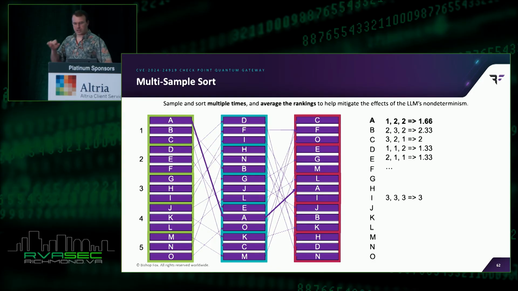Then you can average the scores across all the runs to get a sense of which are the items that tend to be at the top most of the time. For us, that's which of the changed functions most of the time ends up seeming like the most likely function when compared to its peers in a random sample.